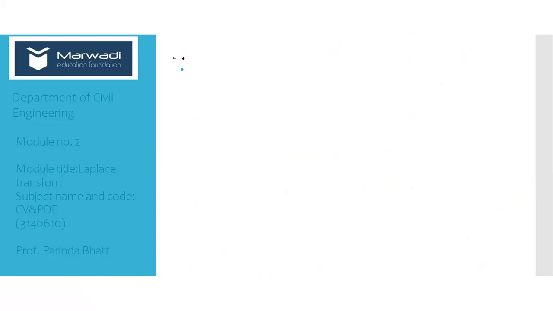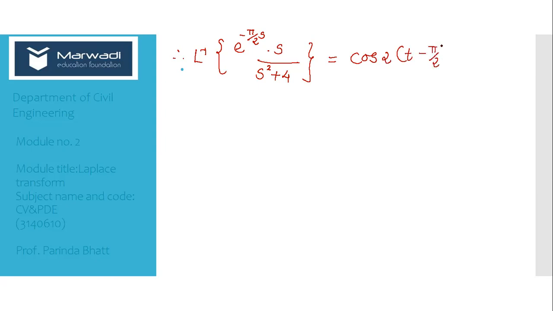Therefore, Laplace inverse of e raised to minus pi by 2s into s divided by s square plus 4 is equal to cos 2t minus pi by 2 into u of t minus pi by 2.